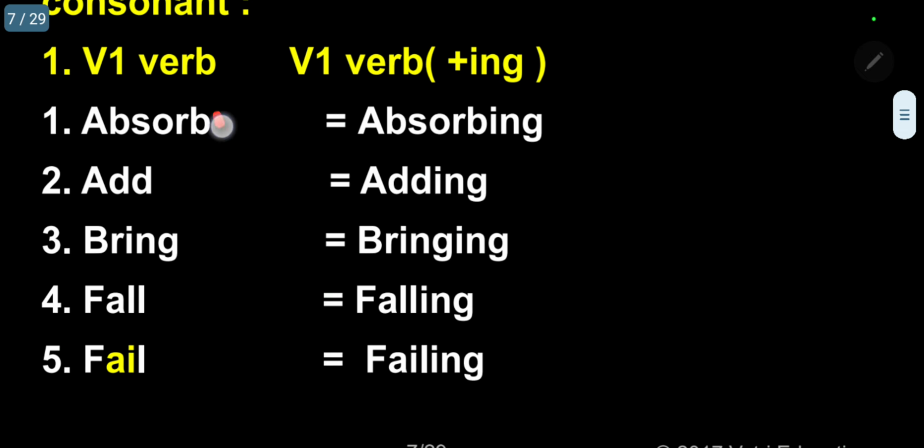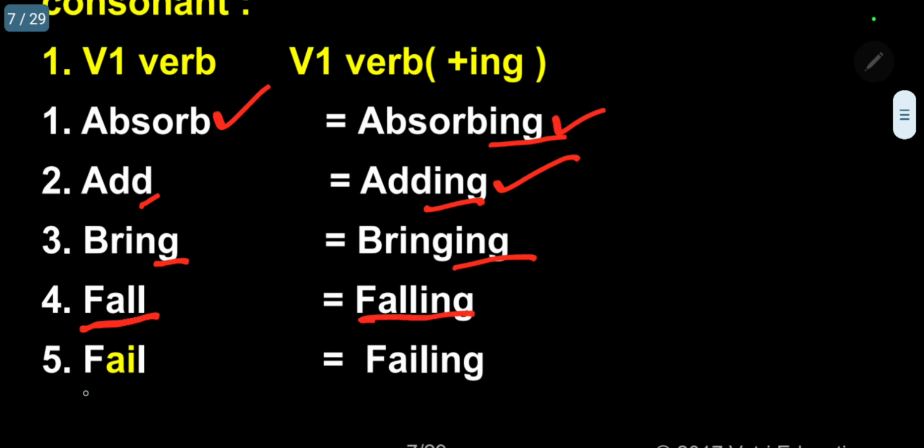Absorb, B: absorbing. Add, D: adding, so always the consonant is coming. G: bring, bringing. Fall, falling. Fail, failing. Please follow in this case, fail, AI, two vowels, so again ing is coming.